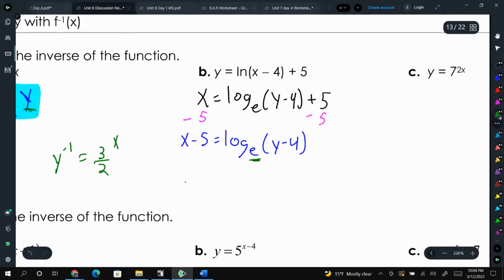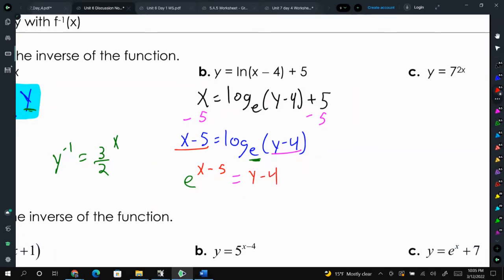E is our base. Our exponent is this whole thing, x minus 5, and this is going to equal the other number, y minus 4. Y is still not by itself, so we're going to have to add 4 to both sides. Now that 4 does not get added to the exponent.